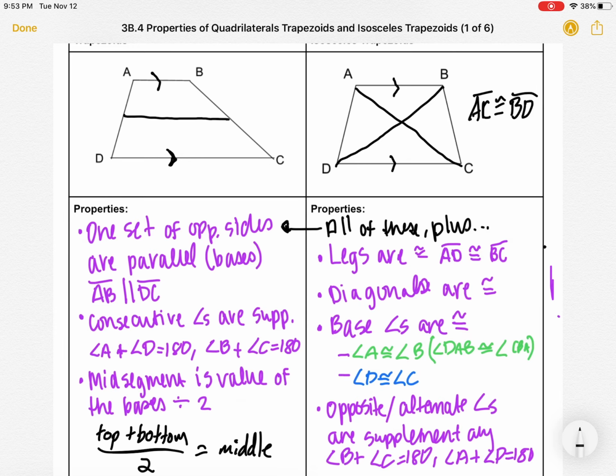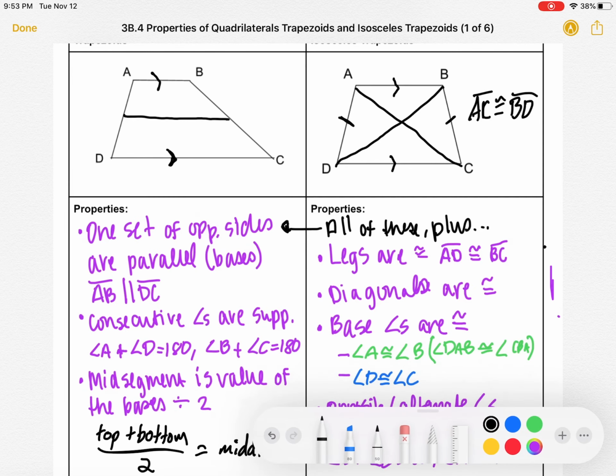They're not necessarily bisected on this one, so we're not going to mark anything, but the diagonals are congruent to each other. And then if it's isosceles, that means that BC is congruent to AD, and then alternate angles are supplementary.